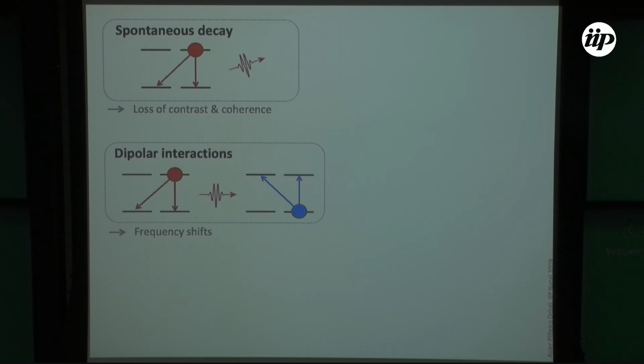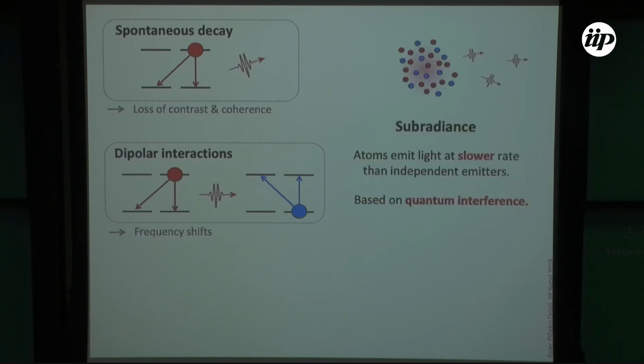But these dipolar interactions can also be useful because when you have this type of interaction, the effective decay rate of the excitations is modified. A famous example is superradiance, but here I'm going to talk about the opposite effect, which is subradiance, where if you have an ensemble of interacting atoms, the effective decay rate of the atoms can be suppressed because of these interactions.